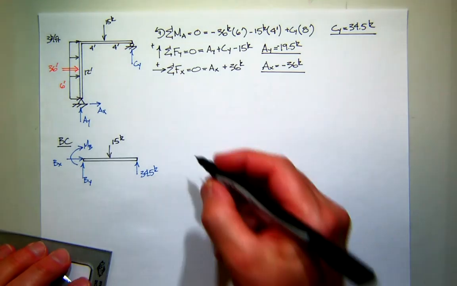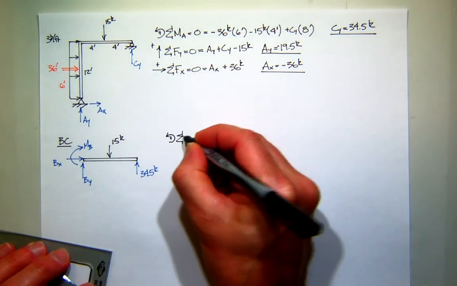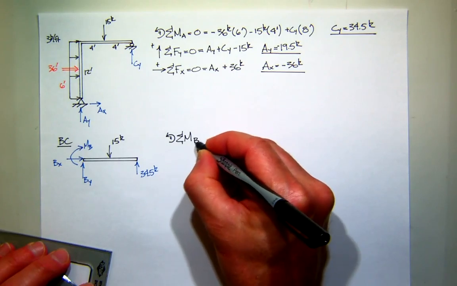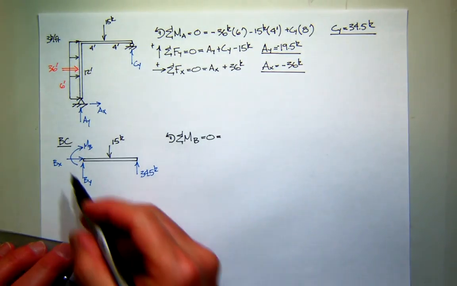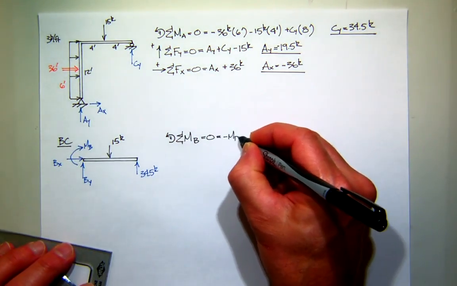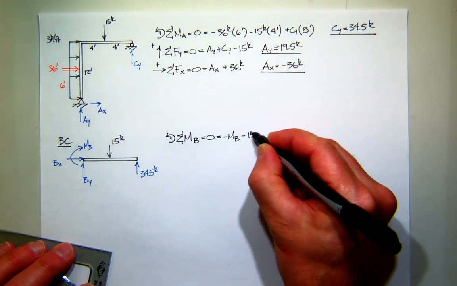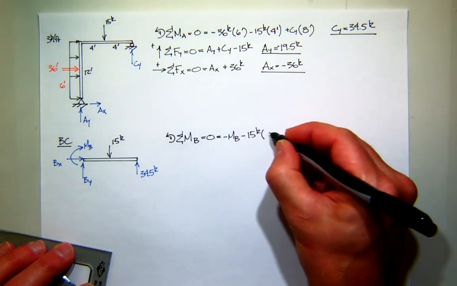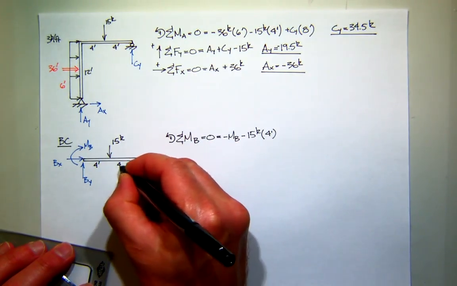So I need to find those. Easiest way to do that is to sum the moments at B. So summing the moments at B using right-hand rule, my moment is actually negative. The moment created by the 15 kip force is also negative with a moment arm of 4. I didn't put my dimensions in, sorry.